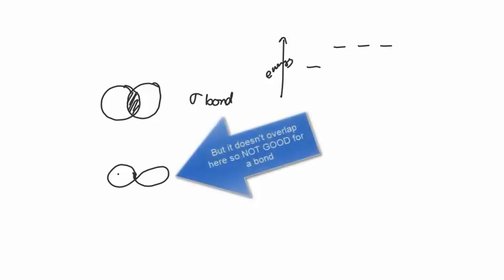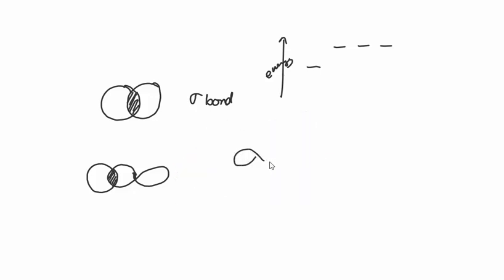And when you have a p orbital overlap, it can overlap with an s orbital here, but when you have 2 p orbitals that overlap, an end-to-end overlap is not a good overlap. Overlapping like this, it's not a good overlap.